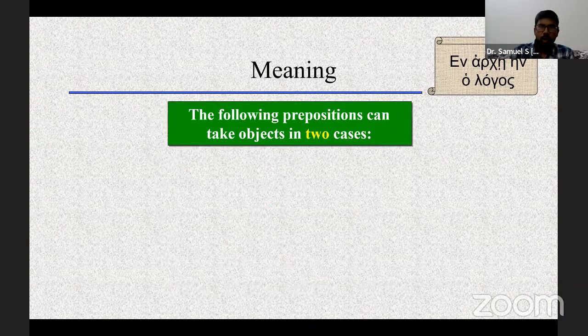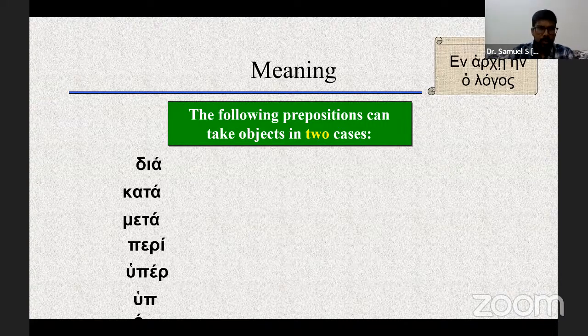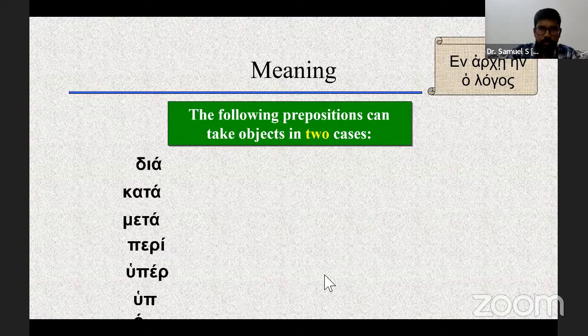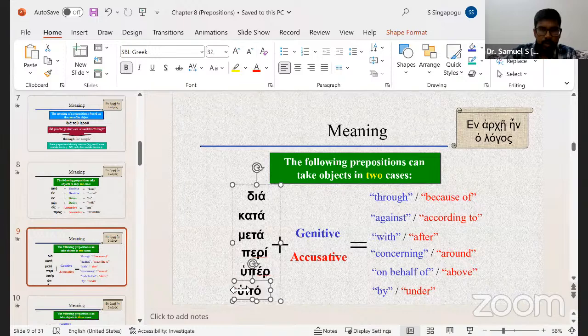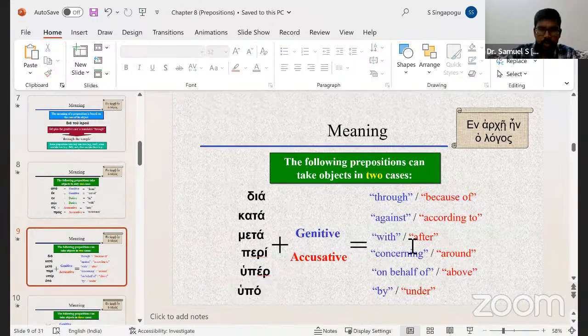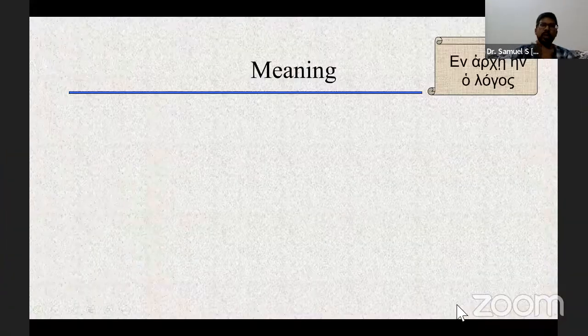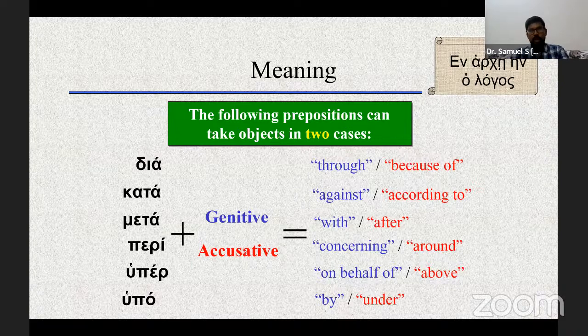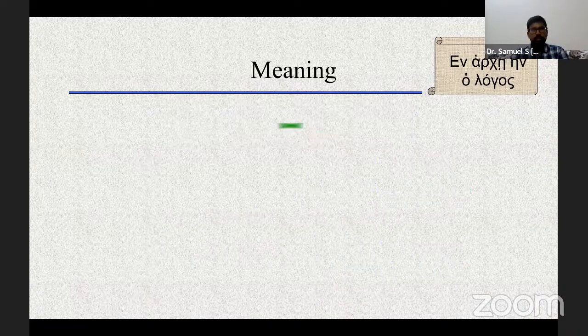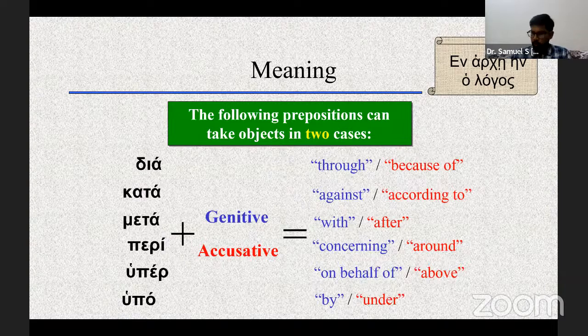Next. The following prepositions can take objects in two cases. Prepositions that take objects in two cases, and the only two cases are genitive and accusative.